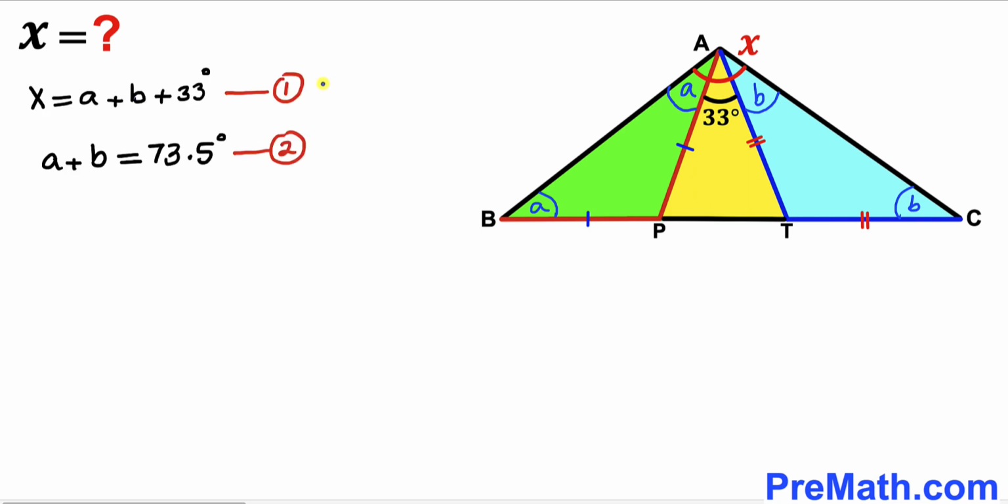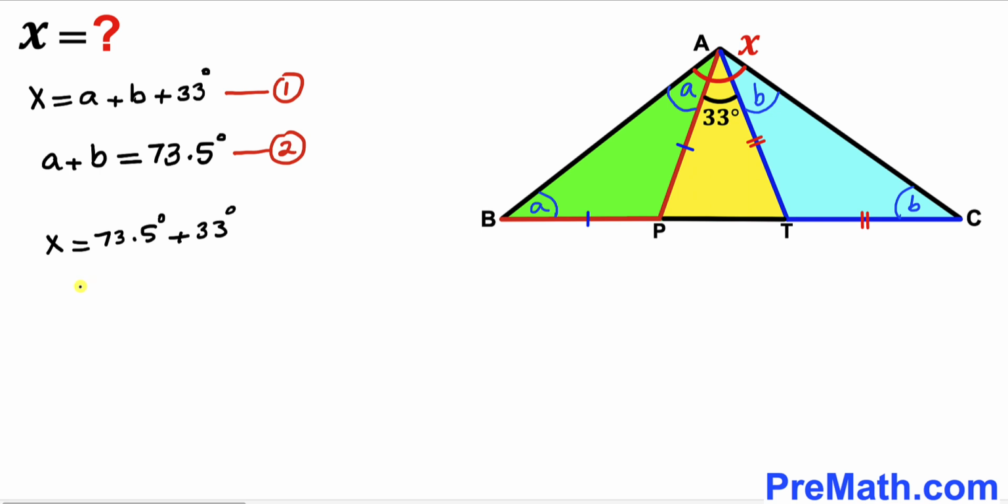Here we end up with these two equations, equation 1 and equation 2. Now I'm going to substitute this a plus b value as 73.5 degrees in equation 1. So I'm going to replace a plus b with 73.5 degrees. Thus equation 1 becomes X equal to 73.5 degrees plus 33 degrees.